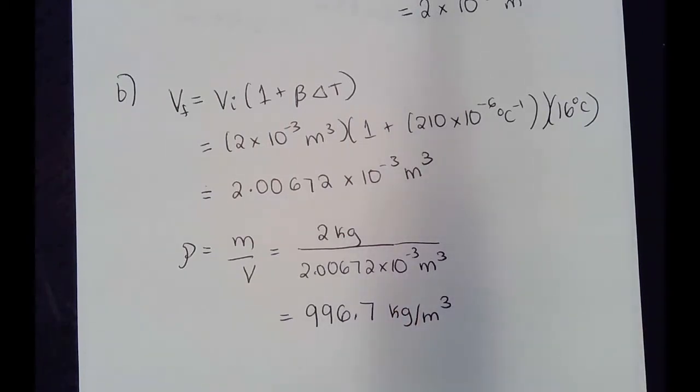So we can see that there is a slight change at 20 degrees from the density of water compared to the standard value that we use at 4 degrees. However, this shows change in 3 sig figs. If we were to round to even 2 sig figs, we would still have 1,000 kilograms per meter cubed. So it is a good estimate to use that value.